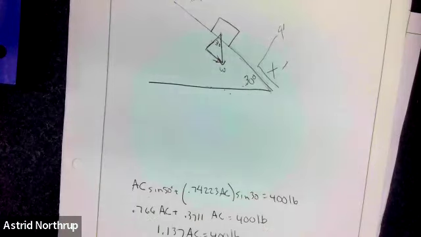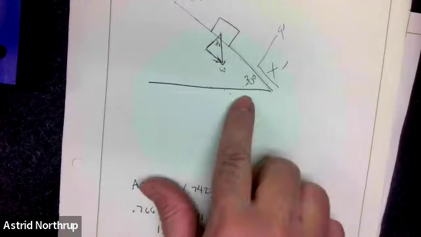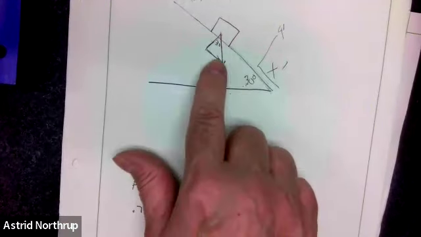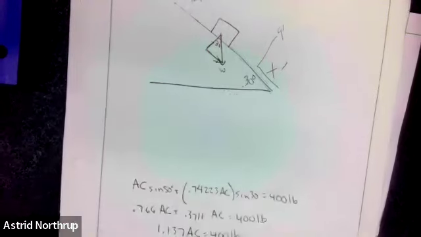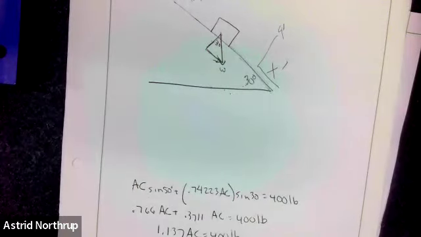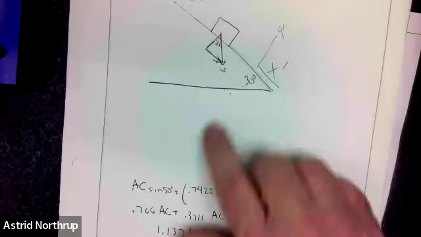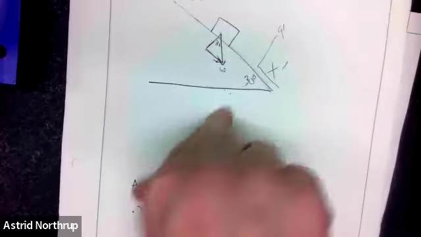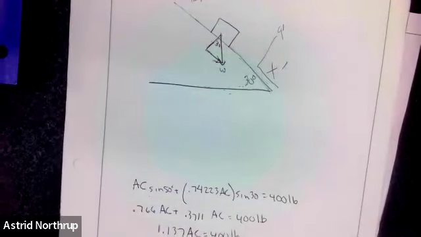The only way I can really do that is to think about opening up the angle at the bottom of the incline: it gets bigger if I tip it more, and this angle also gets bigger. I can do it mathematically, but this makes more sense to me. Otherwise, half the time I would make this angle be 30 degrees. That's never good. So there you go.